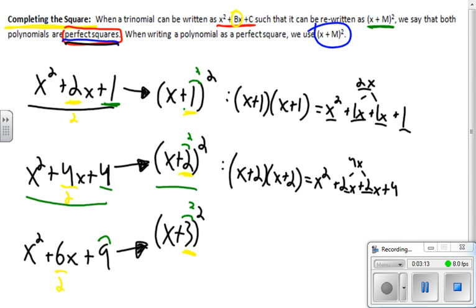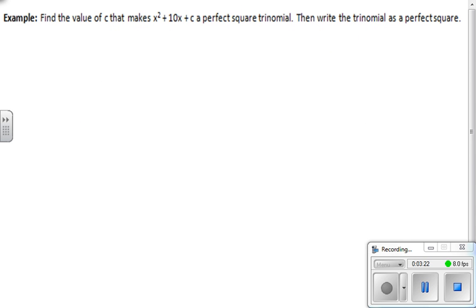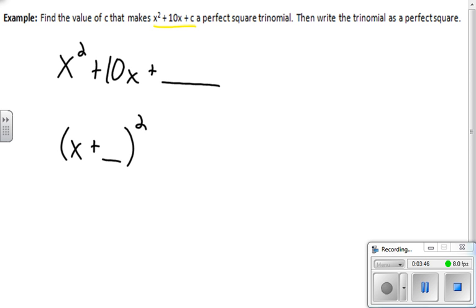So these are all examples of perfect squares, and we're going to want to use that when we're solving different equations. I'll show you some examples. In this case, we have x squared plus 10x plus c, and we're asked to make it into a perfect square. So remember, x squared plus 10x plus something is what we're looking for. We need to find that c value. Well, when we put it into a perfect square binomial, when we divide 10 by 2, that's going to give us this value. 10 divided by 2 is 5.